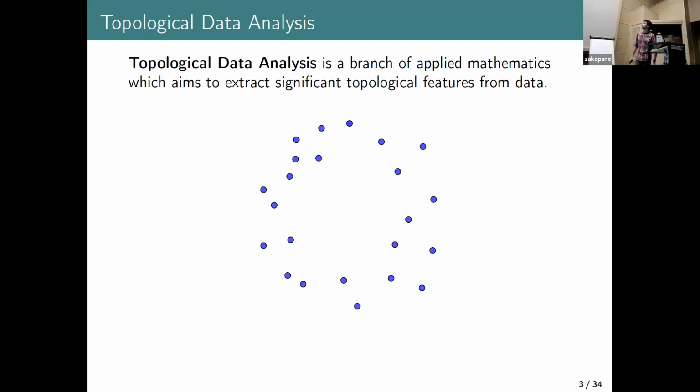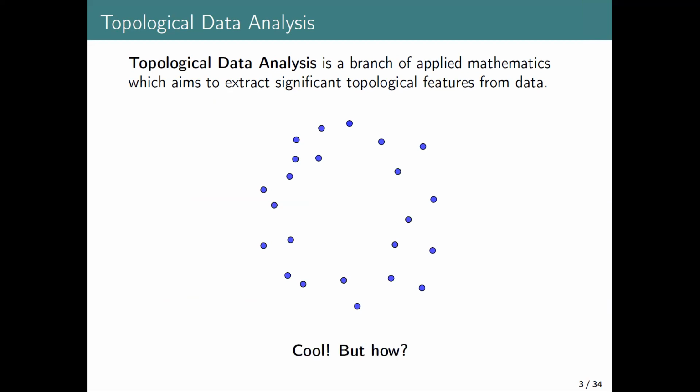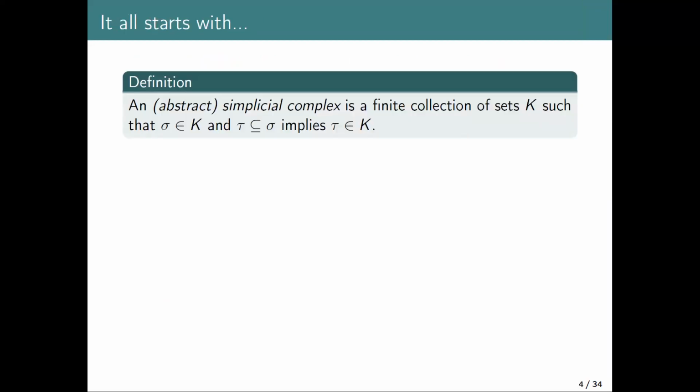So yeah, topological data analysis. At this point we all know that the main aim of TDA is to extract topological features from our data, but the question is how do we do that? The main tool that we have is an abstract simplicial complex, which in the most generic definition is just a finite collection of sets such that each subset of a set is itself in the collection.